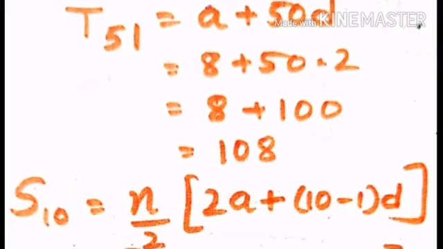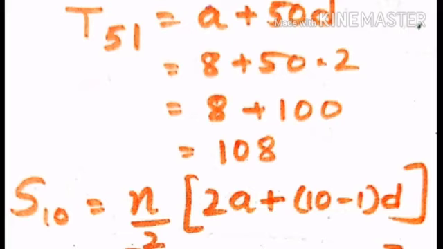So T51, according to the formula A plus 50D, with values A and D, 8 and 2, substituted, we get T51 as 108. Now I write the S10 formula because I want to find the sum of the last 10 terms. Using our formula, n by 2 into 2 times T51 plus (n minus 1) D, we get S10. The formula is kept.